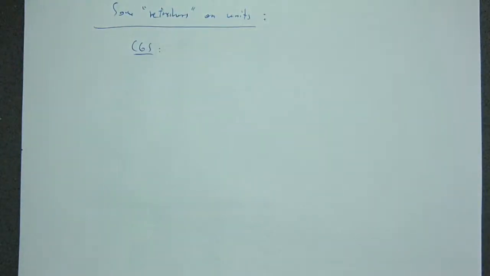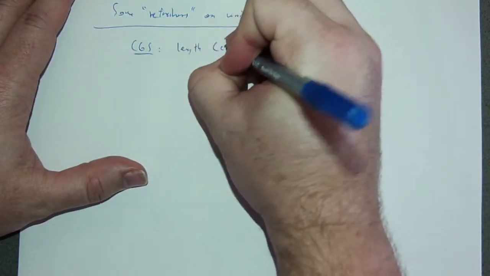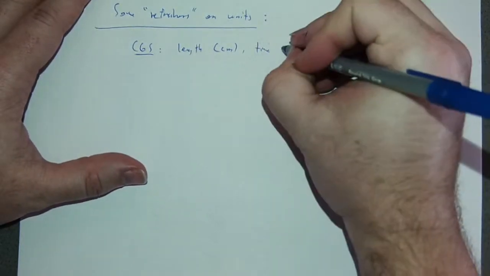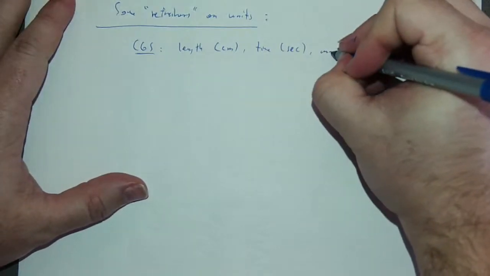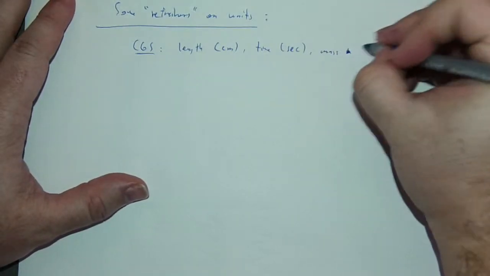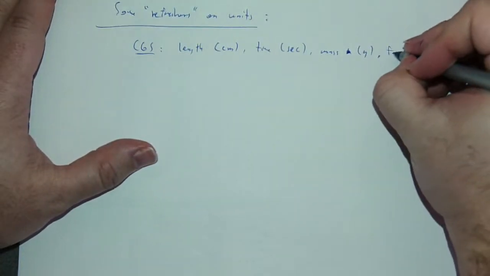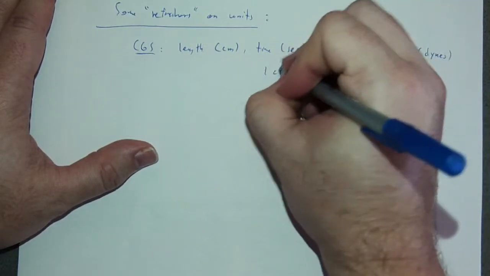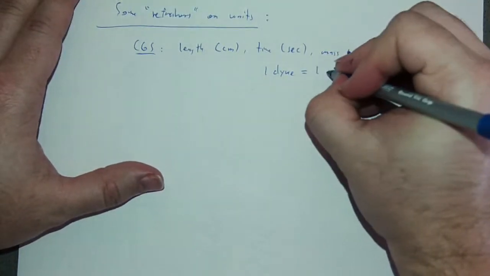In CGS, length is centimeters. Time is in seconds. Mass in grams. And force is in dynes. And 1 dyne is equal to 1 gram centimeter per second squared.